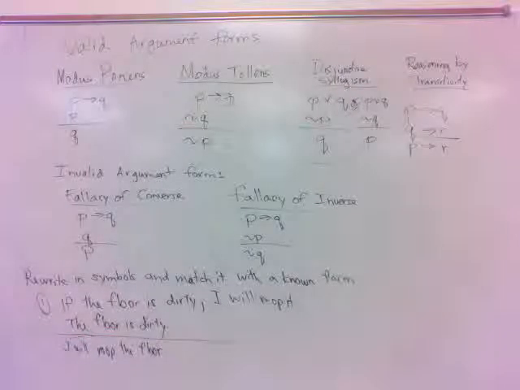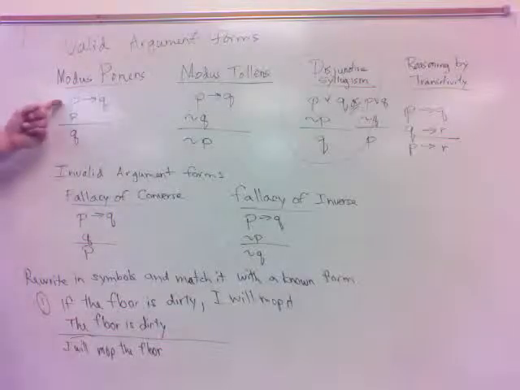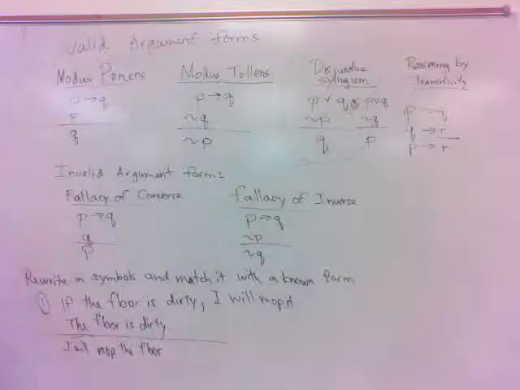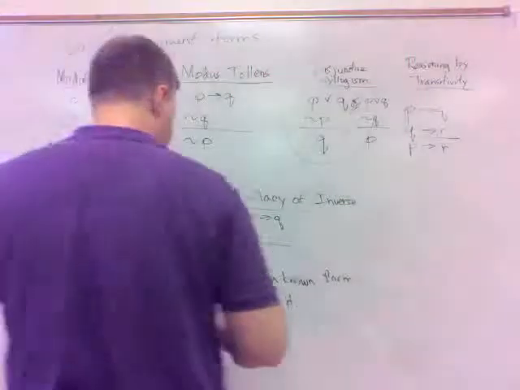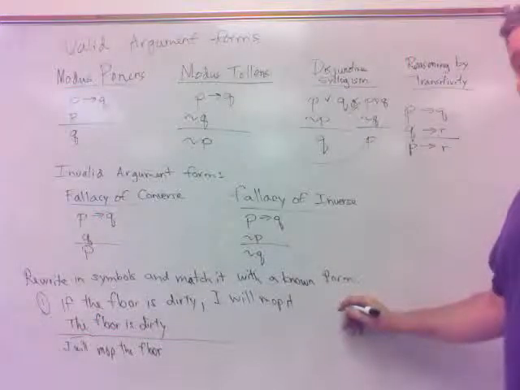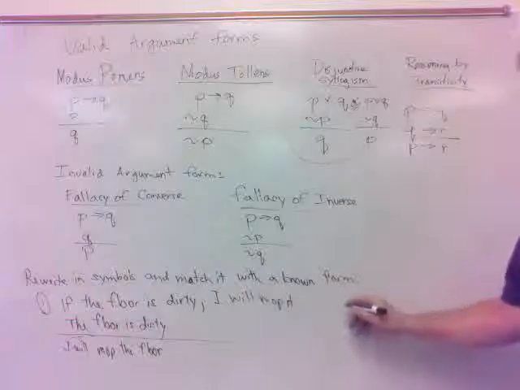So if I rewrite that in symbols, you can use your own letters if you want to, but I recommend P's and Q's, since that's what the table has. It works the same way with different letters, like S arrow T, S, T, but I'm going to use P and Q. So if the floor is dirty, I will mop it. That's an arrow, isn't it? I've got two things, so that's P arrow Q.